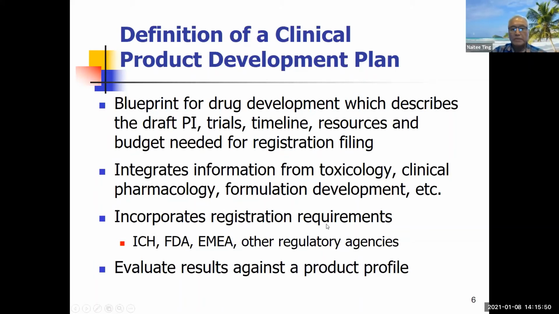And it incorporates registration requirements: ICH, which is International Conference on Harmonization; FDA, which is the US drug regulatory agency; EMA, they used to call it EMEA, but now they call it European Medicines Agency; and other regulatory agencies, and evaluates results against a product profile.